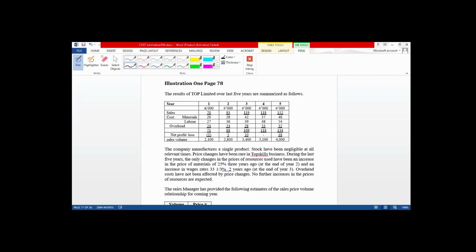We now have to introduce the 30 to the volume so as to reduce it down. That means in year 1, you are going to scale that 2,100 down by 30. That will give you 2.1. Next, 2.8, 3.4, 3.1, 4.0.